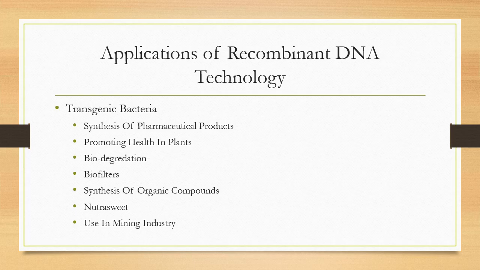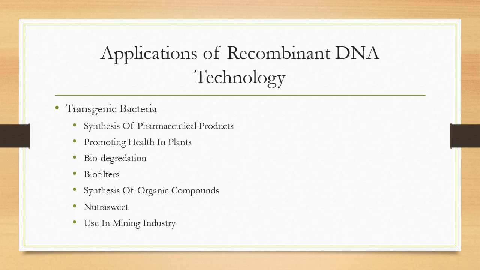Many biotechnological products are produced by bacteria. These are now available in the market. Some of these products are insulin, human growth hormone, tissue plasminogen activator, hemophilia factor 8, and hepatitis B vaccines.